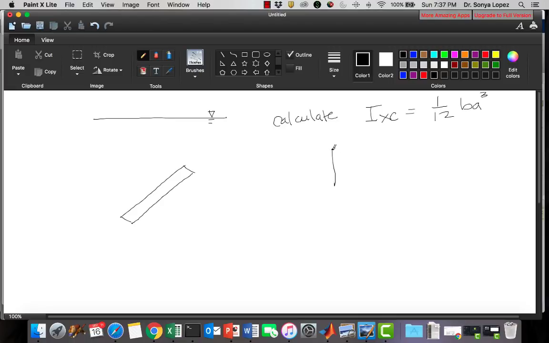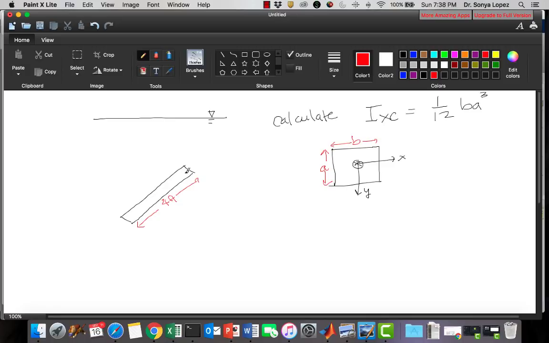So drawing that picture again, here's your centroid. This is your x-axis, this is your y-axis, and this distance here gives you B, and this distance here gives you A. So let's say that the length here is 4 feet.